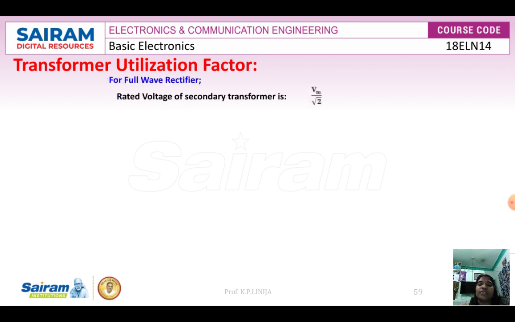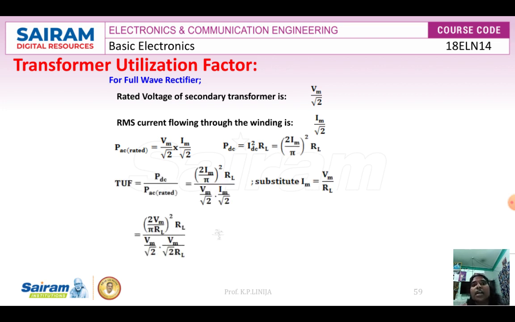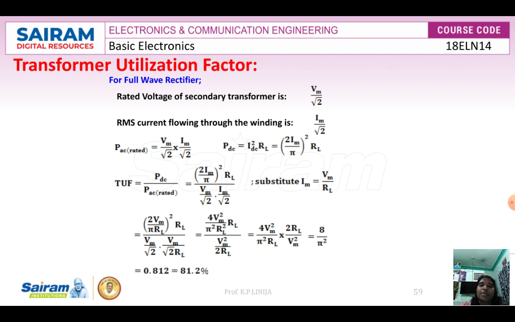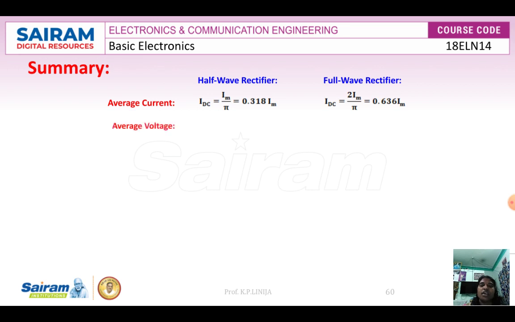For the full wave rectifier, we are aware that the condition varies because the parameter values double, since the full wave rectifier has the capability of conducting both cycles. Therefore the transformer utilization percentage is 81.2%.